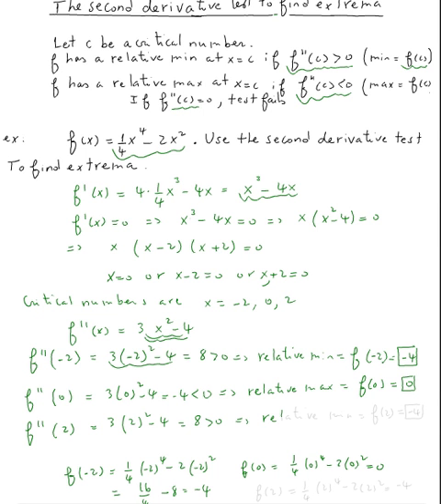Therefore, we have a relative min, which is equal to f of 2. Now, f of 2 is 1 over 4 times 2 to the 4th, minus 2 times 2 squared, and that's also equal to negative 4. So negative 4 is our relative minimum. And that's it for this example.